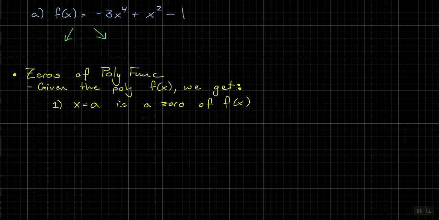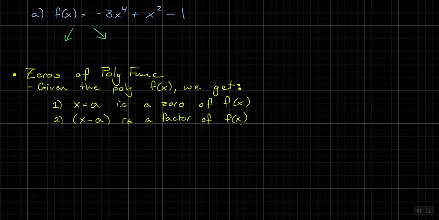Now, I like to jump immediately to the following. If x equals a is a 0 of this function f of x, then that also, same thing, means that x minus a is a what? Factor. Love it. Of the function f of x. Okay, we can find a 0 or the factor.